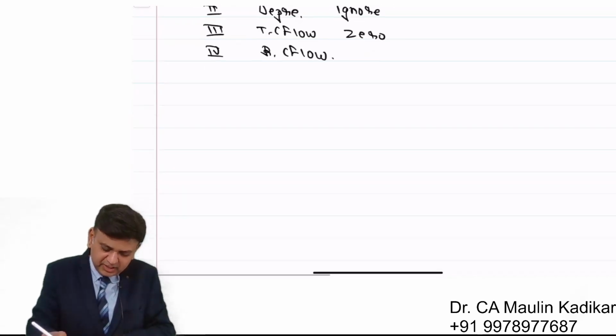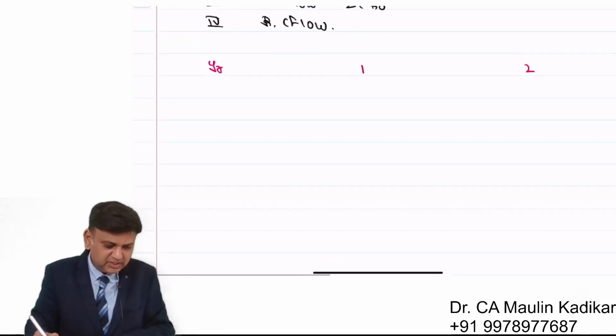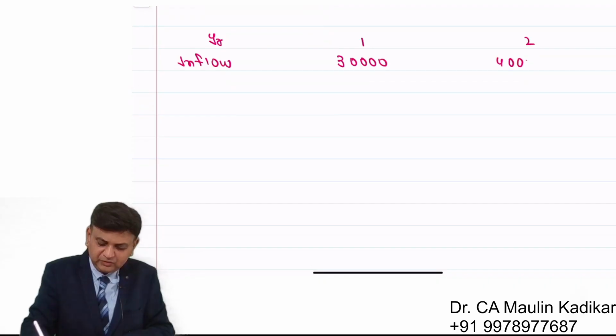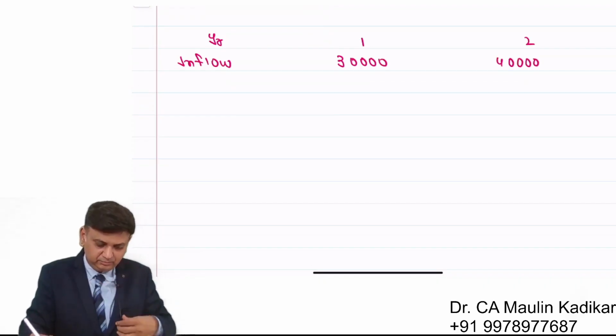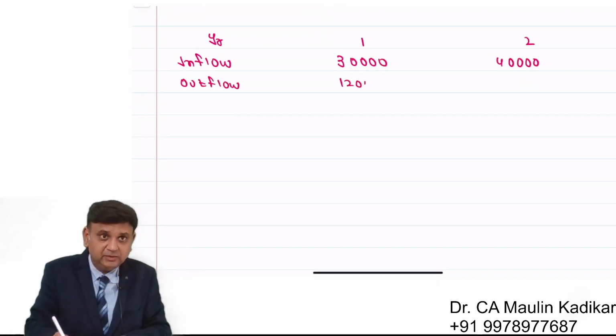Step number 4, recurring cash flow. First year and second year, inflow is 30 and 40. We don't have to consider inflation. Outflow is 12 and 18.